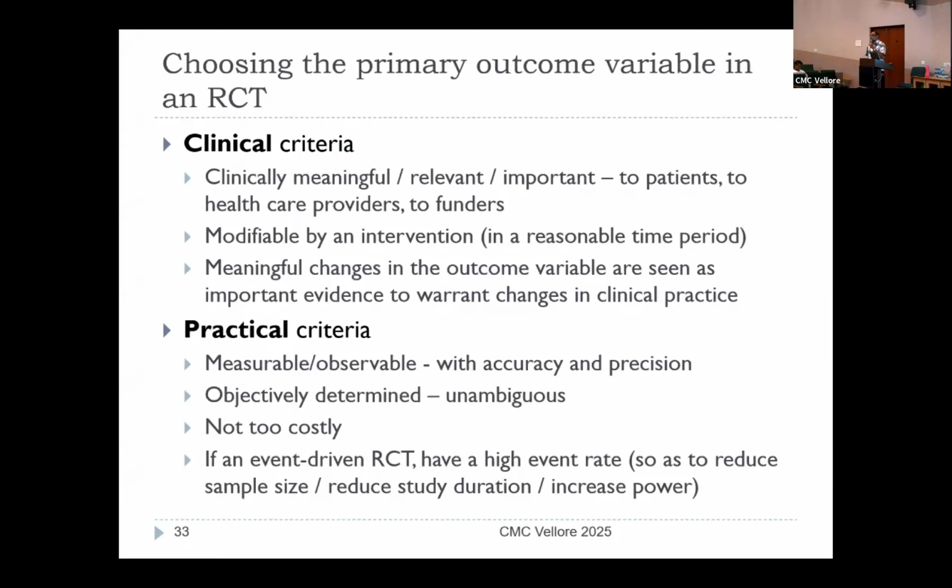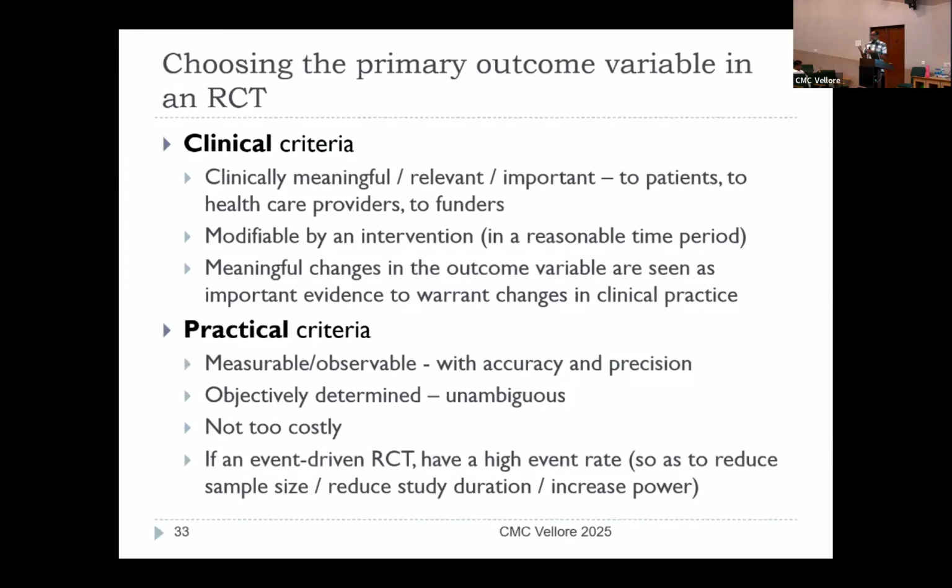I should have put there also the government, because if I can show that I can reduce this, the government cares about this, then policy may change and practice may change. So if I show that this works, then maybe other clinicians will change their practice. Or if I show this is important to patients, then patients will change their behavior. So it becomes important to decide who am I trying to convince to change their behavior or their policy.